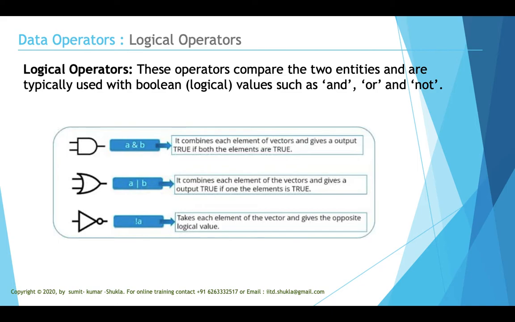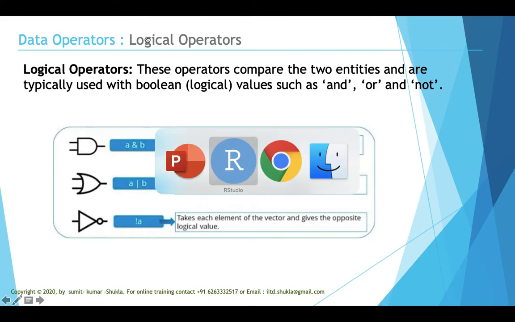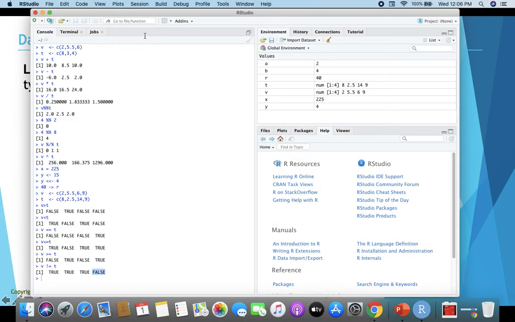So A and B combines each element of the vectors and gives you a true if all the conditions are true. It will be easy to understand from the diagram what I actually mean. A or B, and so on. Let's go to the practical, then we'll discuss the theory, because your IBM examination is totally based on the theory and some on the practical sessions, right? So let's go and create this.